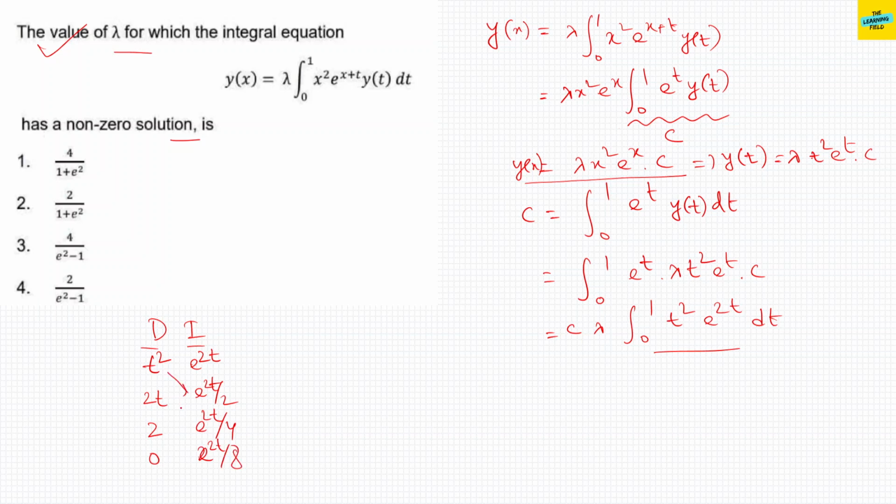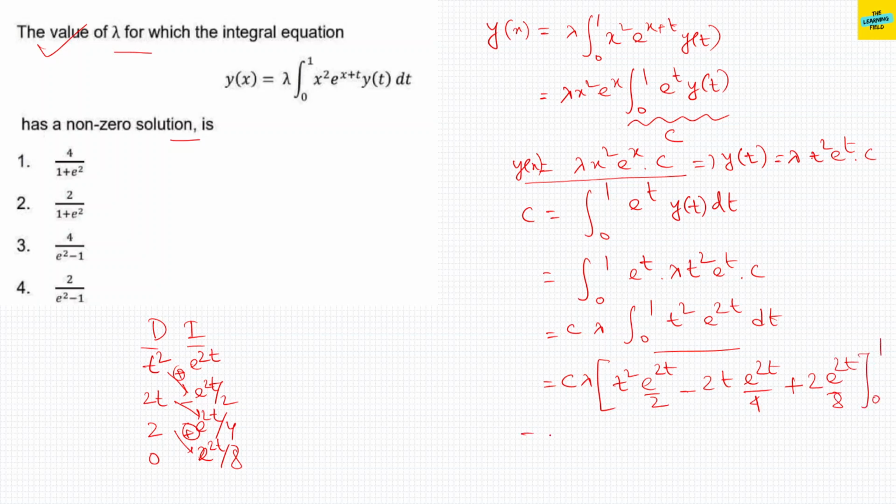Now we multiply with plus, minus and plus signs. So the integral is c lambda into t square e to the power 2t by 2, minus 2t e to the power 2t by 4, plus 2 e to the power 2t by 8, and the limit of the integration is 0 to 1.